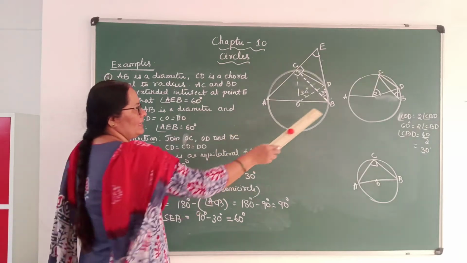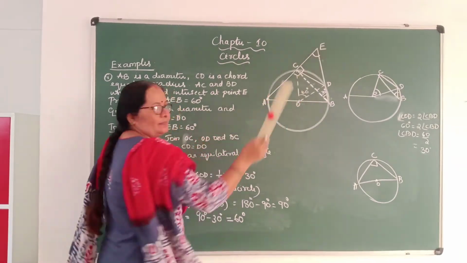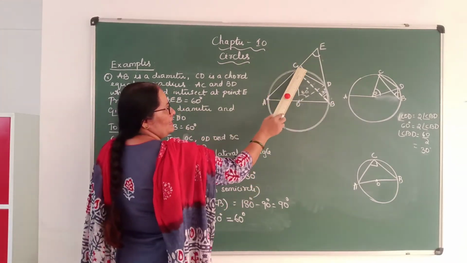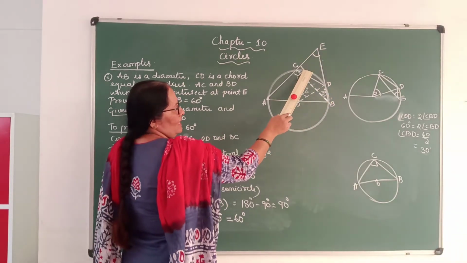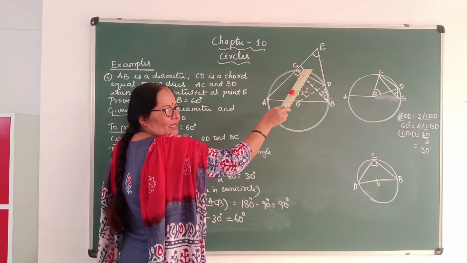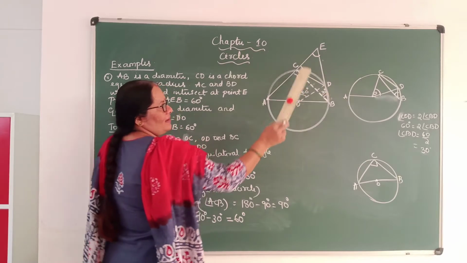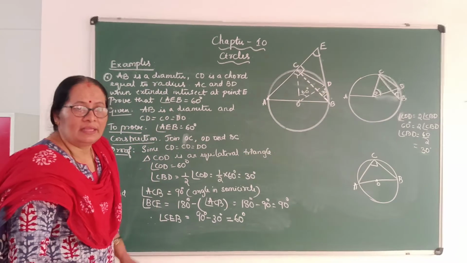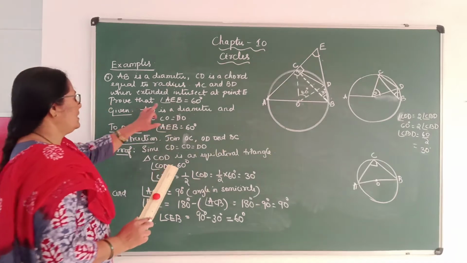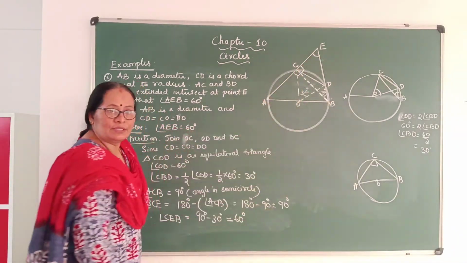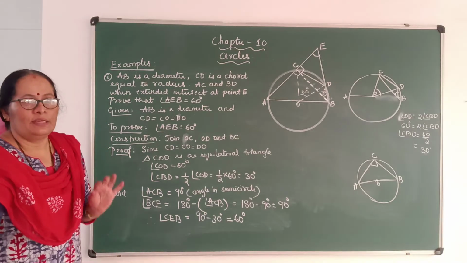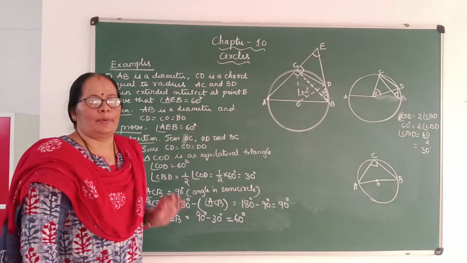Now, in triangle BCE, this angle is 30 degrees and this angle is 90 degrees. So 90 plus 30 is 120, therefore angle AEB equals 60 degrees using the angle sum property.